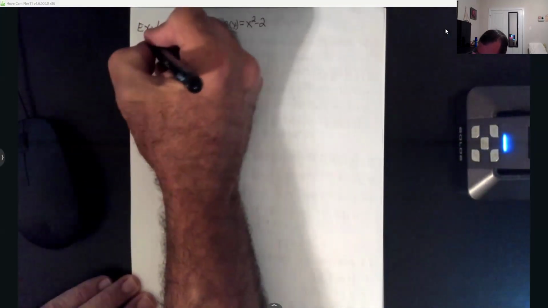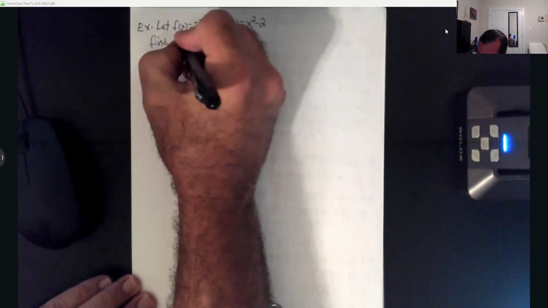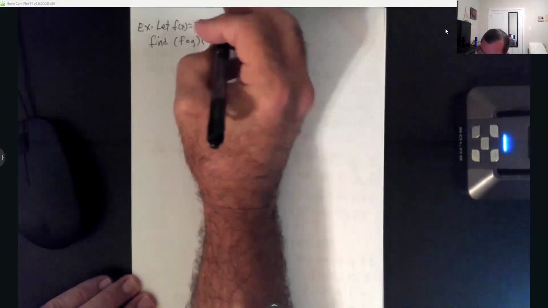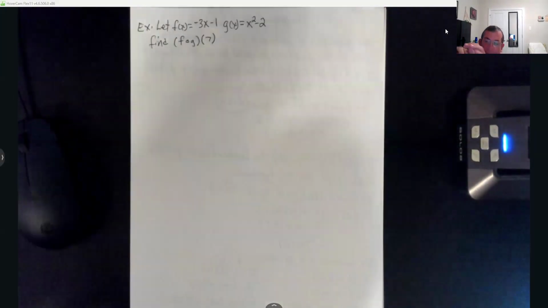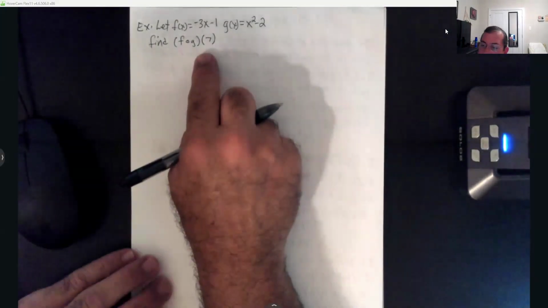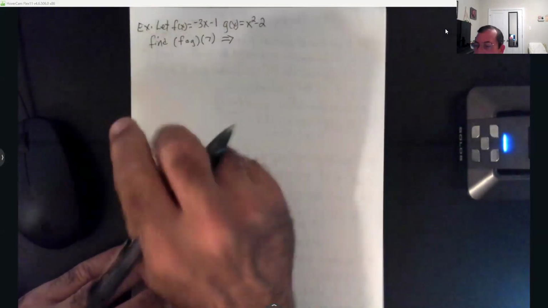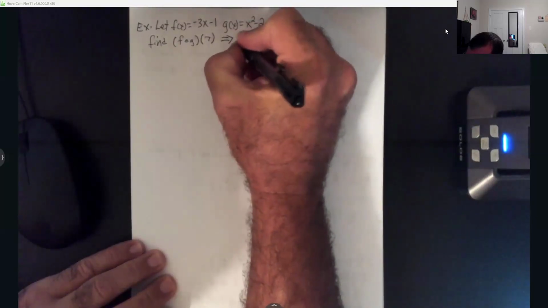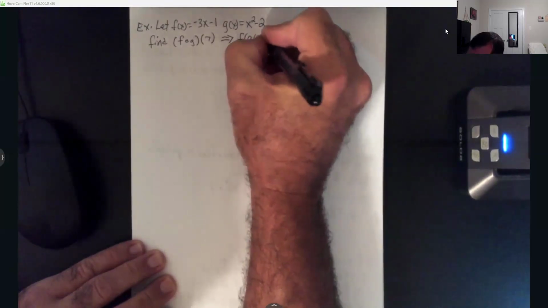They want me to find f composed G of 7. So they're giving me a 7 for my replacement. Now, y'all remember, if you wanted to write this as function notation, we're going to be finding f of g of 7.